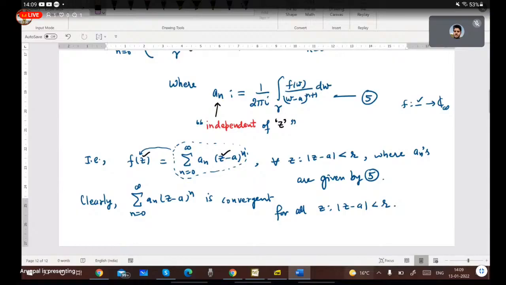It means the values of f(z) are going to be finite. So I can say that the series is convergent for all z satisfying this condition.